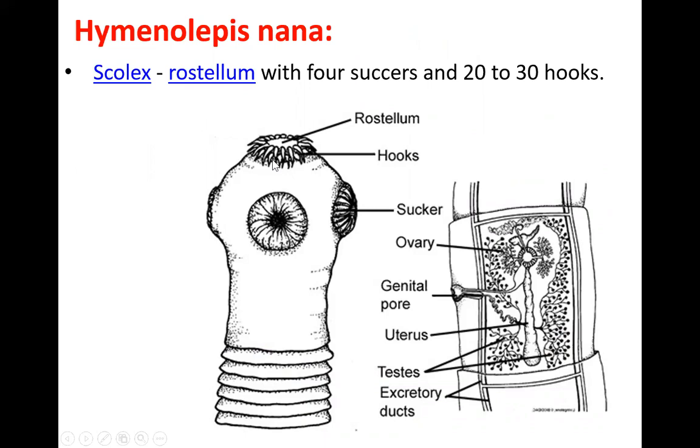There are 20 to 30 hooks in this species, by virtue of which it attaches itself to the wall of the intestine. There is the scolex portion, the small neck, and then the strobila, in which segments are there, and each segment, when mature, contains a complete set of male and female reproductive organs.